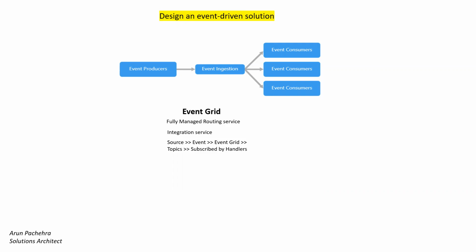So Event Grid distributes events from sources such as Azure services like storage account. We'll give you an example to make it more clear. These events are distributed to handlers such as Azure Functions and webhooks. What does handler mean? The service which is eventually going to work on that event.